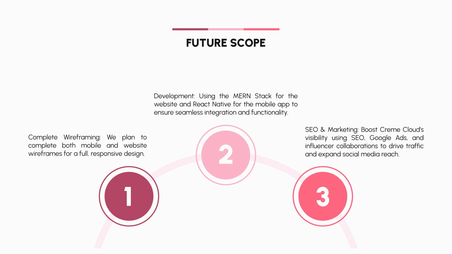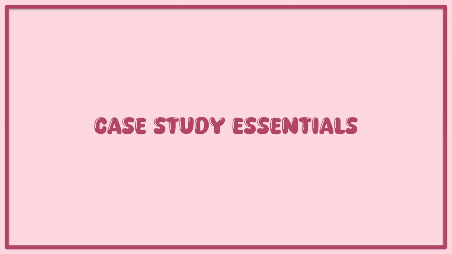And after that, I'm going to use MERN stack development to develop this website, and I'm going to use React Native for the mobile version of it. And then I'm going to definitely focus on the SEO, Google ads, Instagram ads, social media influencing, and everything for this Creme Cloud project. But as for now, this is about it.